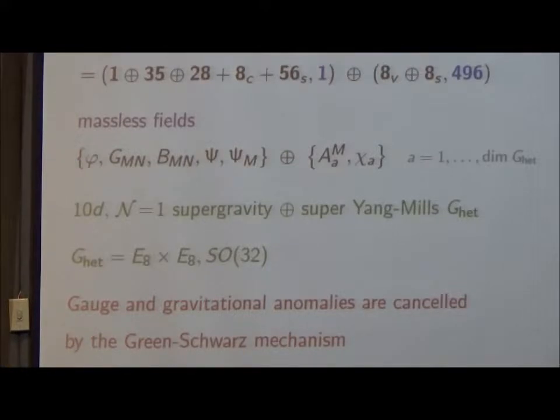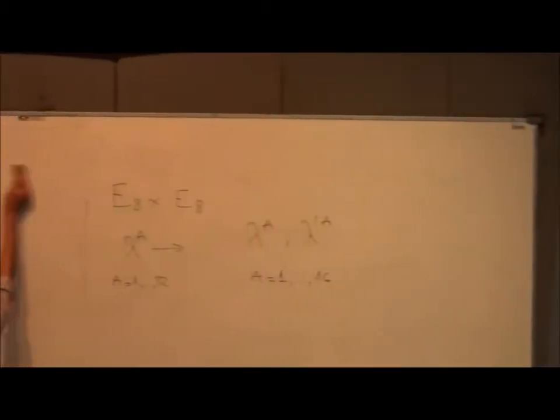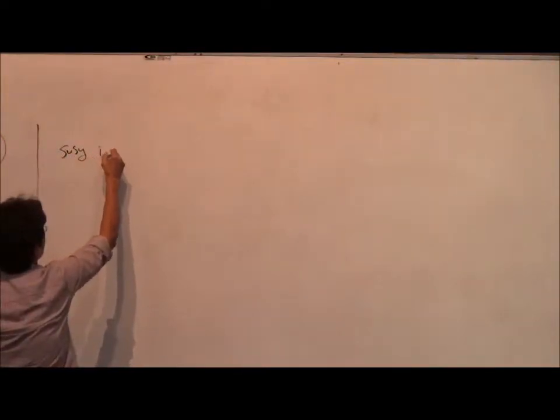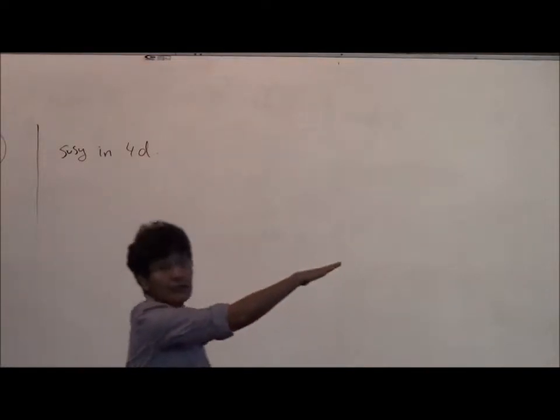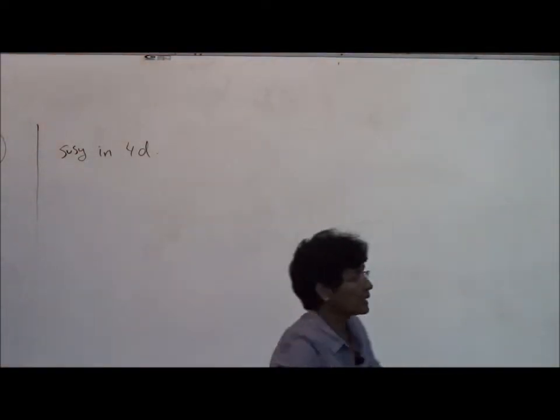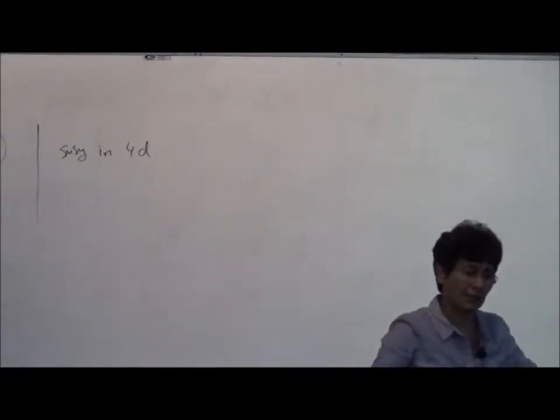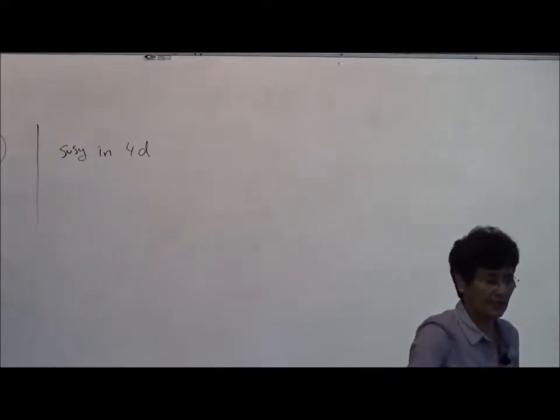And if you remember what maybe you did with George, the condition for supersymmetry, when you do the compactification, when you look at the supersymmetric transformations of those fields, you want the transformations of the fermions to be zero, because these are the ones that go to bosons and are non-trivial.